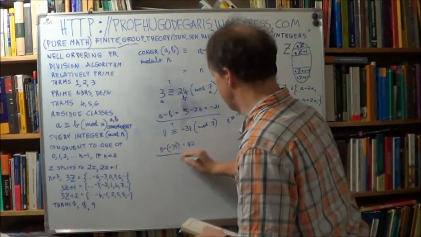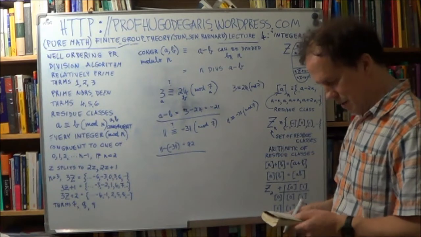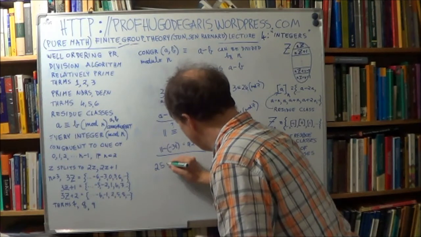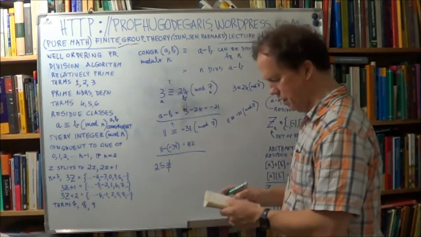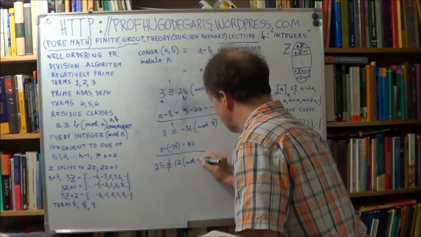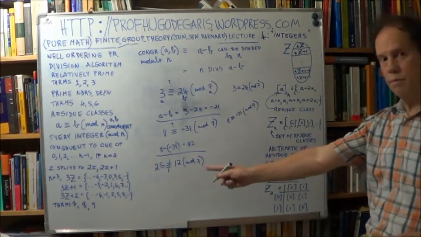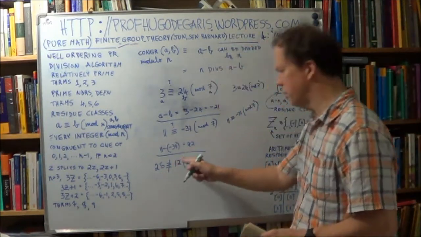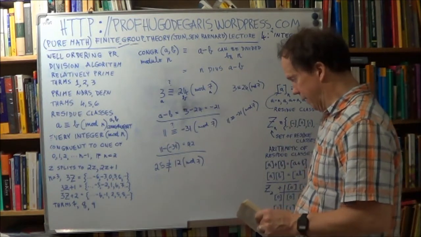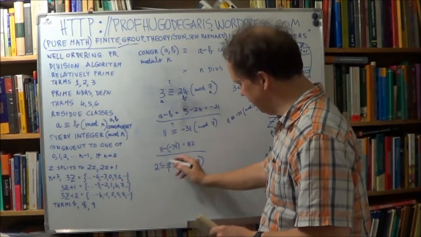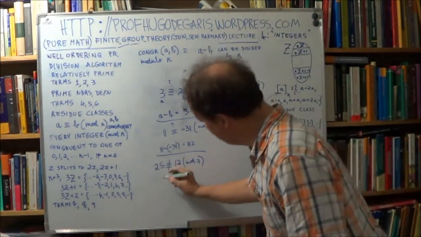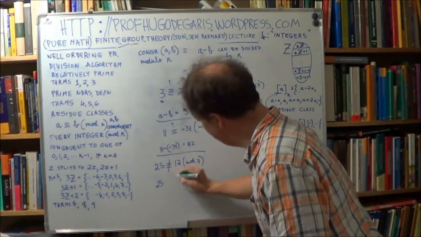Okay, do one more, just to get the hang of it. Now, true or false? Is 25 not congruent to 12 mod 7? Is that true? That 25 is not congruent to 12 mod 7? Well, that's your A, that's your B, that's your N. So A minus B, 25 minus 12.